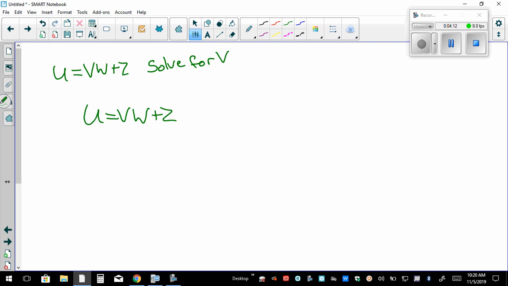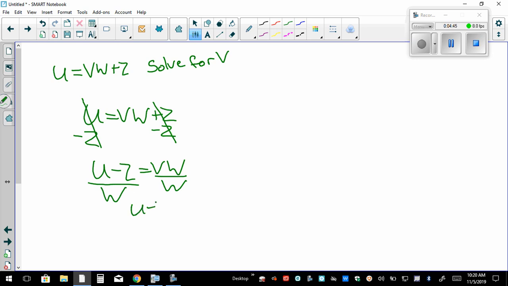We take Z away from this side and this side, which cancels it out, and that makes it U minus Z equals V times W. Then to get rid of the W, you divide by W on both sides, and that leaves you with U minus Z over W equals V.